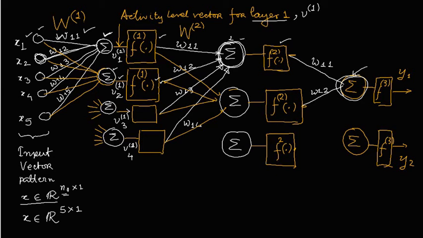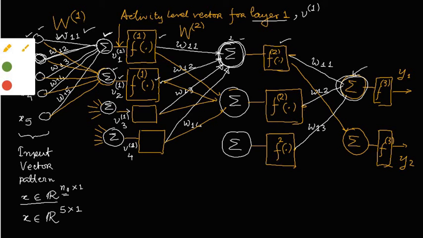Now the input coming to this neuron, we have one more here which will be W2, 1 3, and here we will have 3 lines coming here with their corresponding weights.